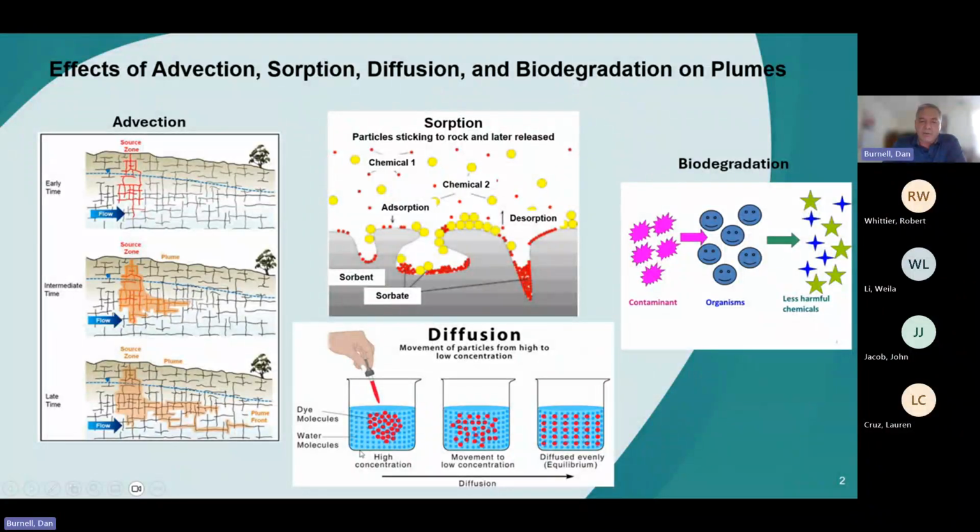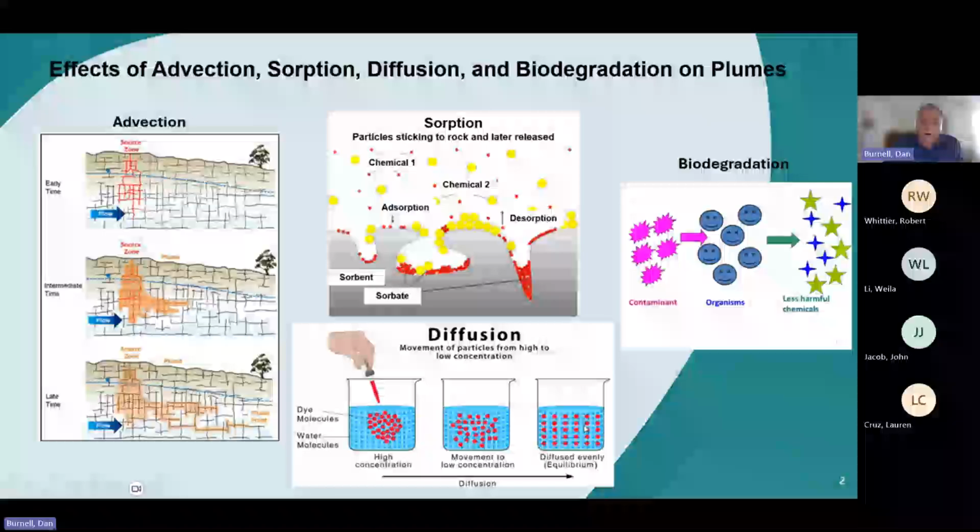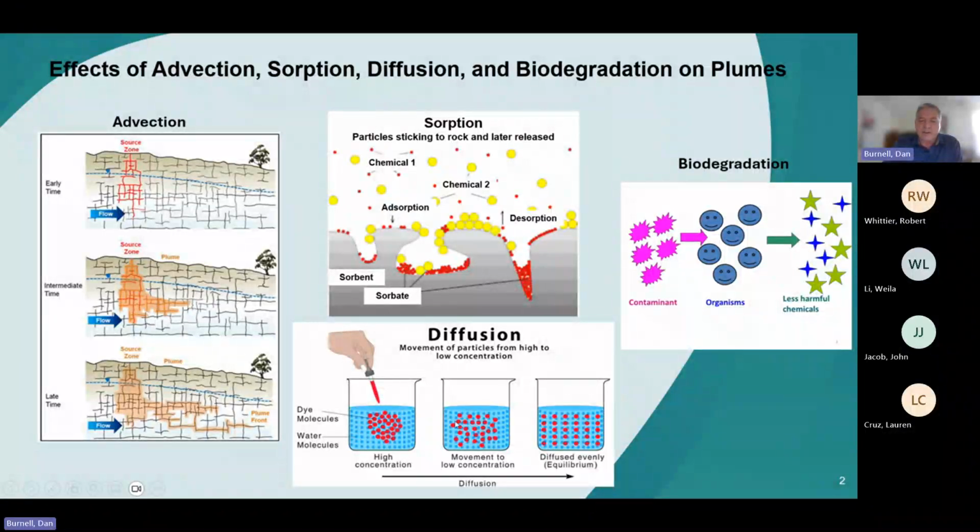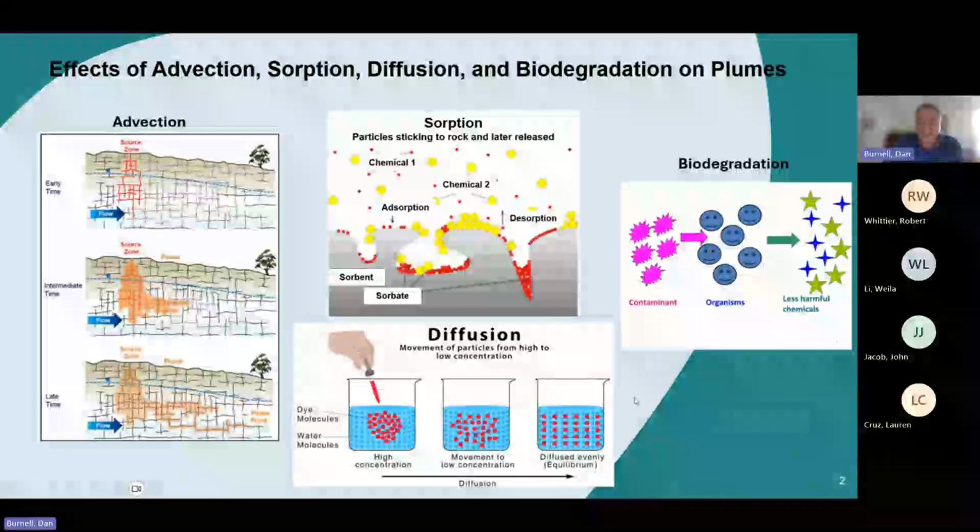Now, another important mechanism that we talked about is the idea of diffusion. And if we think of a cup of water and a dye in it, then these dye molecules will essentially start spreading out because the molecules are actually jiggling at the microscopic scale because of the temperature. And because of that, the dye will spread out and eventually be relatively evenly distributed in the water. And so we call this diffusion, the process by which chemicals can spread from higher concentration to lower concentrations.